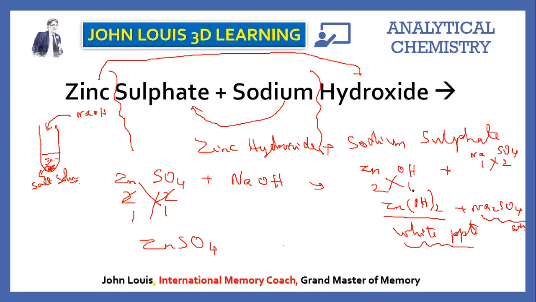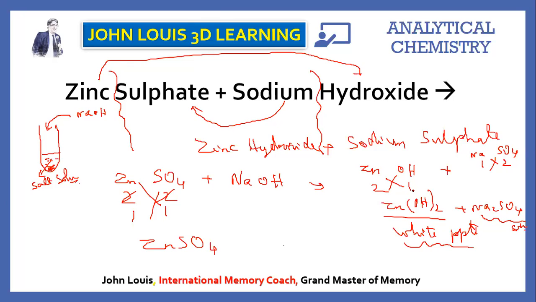If it is calcium hydroxide, it won't dissolve in excess sodium hydroxide. The white precipitate remains a solid. And from that we can distinguish whether it is calcium or zinc. Is it clear now? Yes, sir.